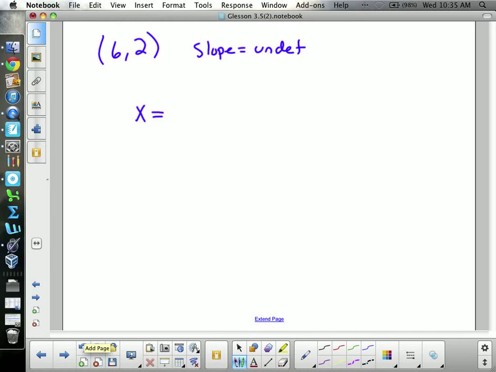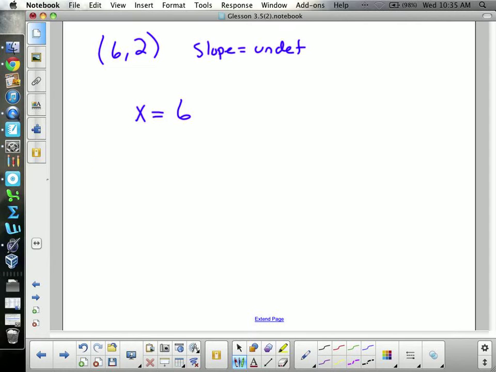The point is 6, 2. Which is the x-coordinate? 6. That's it. There's no formula. There's no y equals mx plus b. There's no point-slope. We don't use any of that because the slope is undefined. It's always x equals whatever the x-coordinate of the point is.